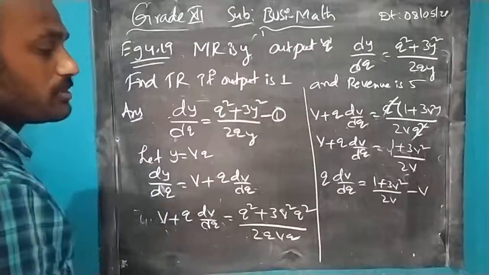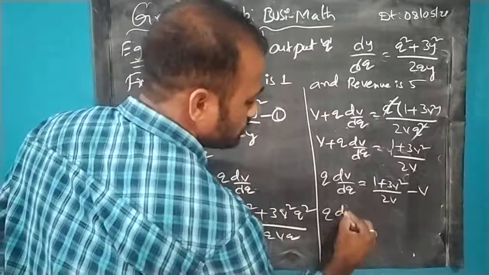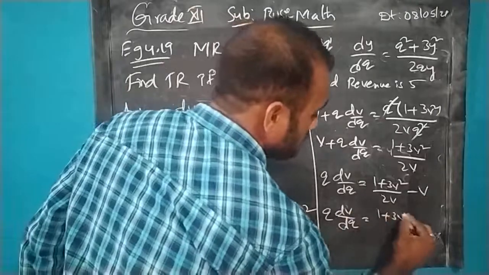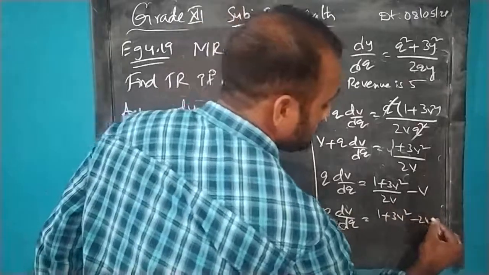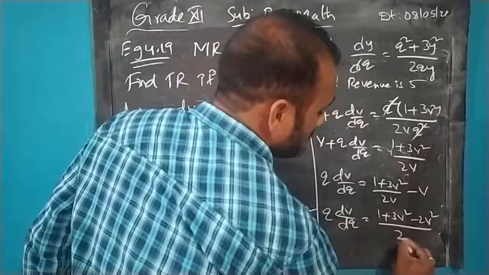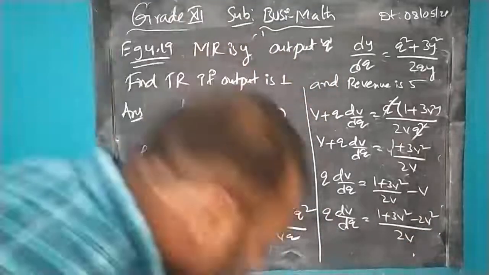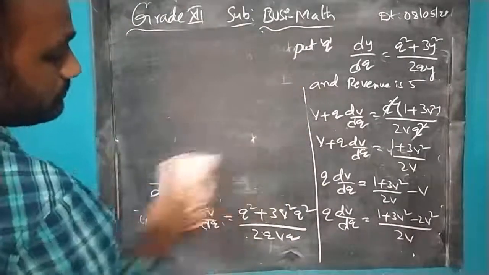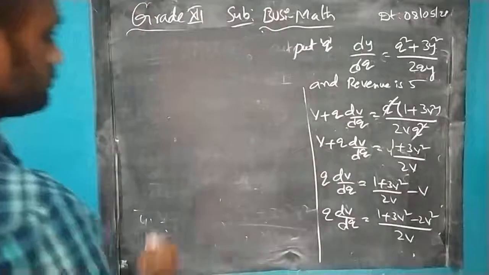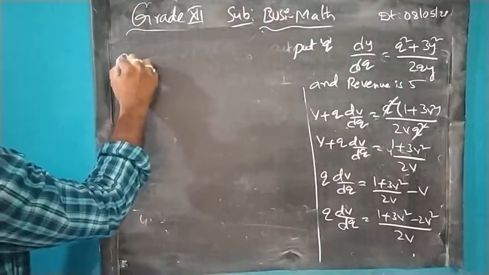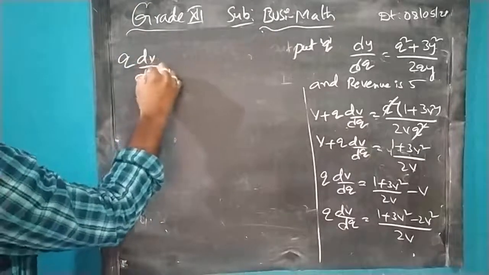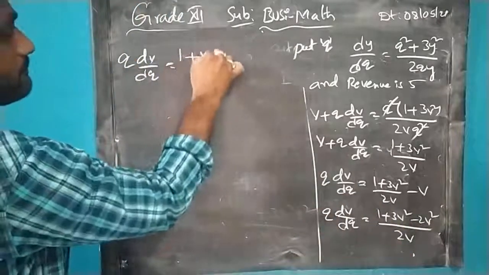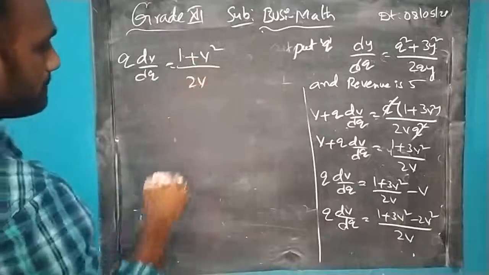So LCM is 2v. That is q dv by dq is equals to 1 plus 3v square minus 2v square divided by 2v. Next, q dv by dq is equals to 1 plus v square divided by 2v.